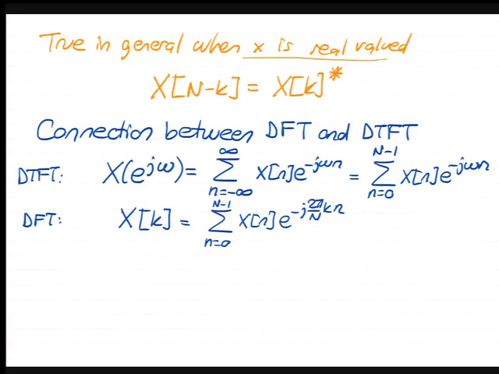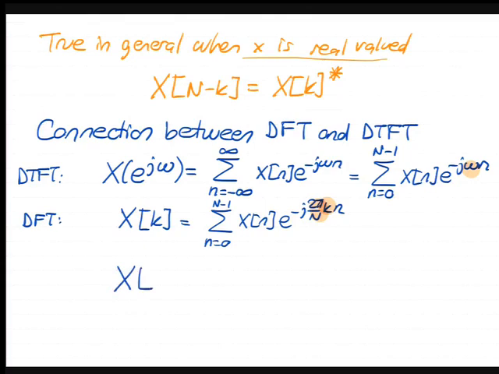They kind of look similar, don't they? What is the difference? I have omega here, which is my continuous variable. And here, I have 2 pi by N times k. Other than that, they're identical. Okay? So, what's your answer?